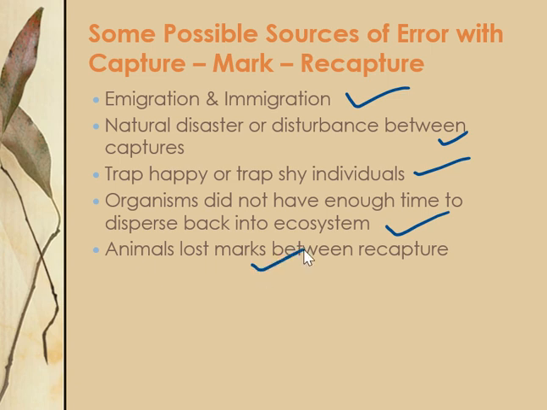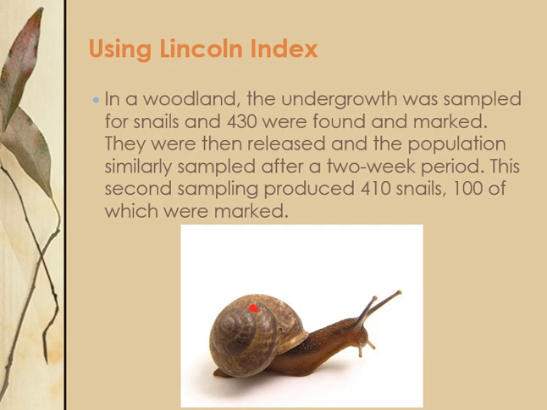the outcome really inaccurate. Now let's look at one example so that this is much clearer to you all. To use the Lincoln index, in a woodland, the undergrowth was sampled for snails and 430 were found unmarked. They were released and the population was similarly sampled after a 2 week period.